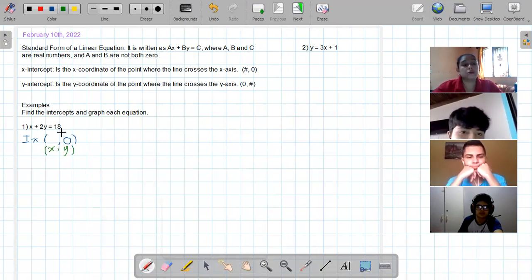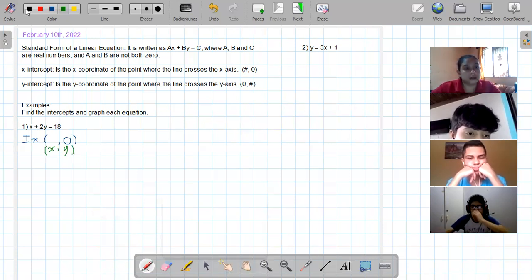Therefore, as you can see, this is in standard form with variables on the same side. So we're going to try and find the x-intercept by substituting this 0 in y. So every single time that we're looking for the x-intercept, you're substituting 0 in the variable y. Okay, so let's do it.